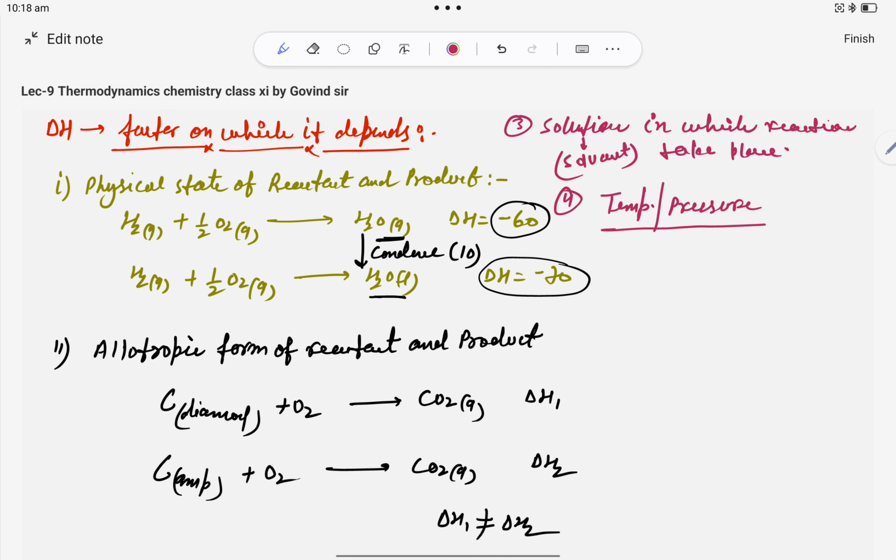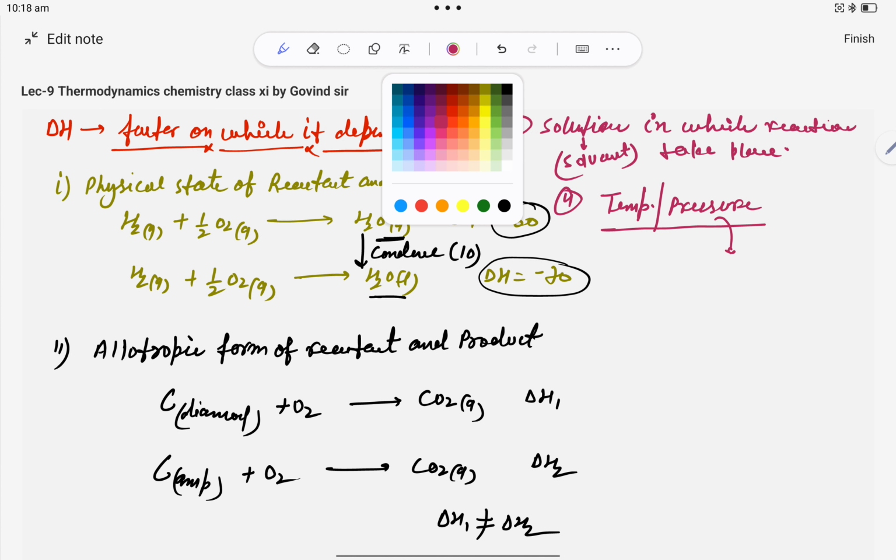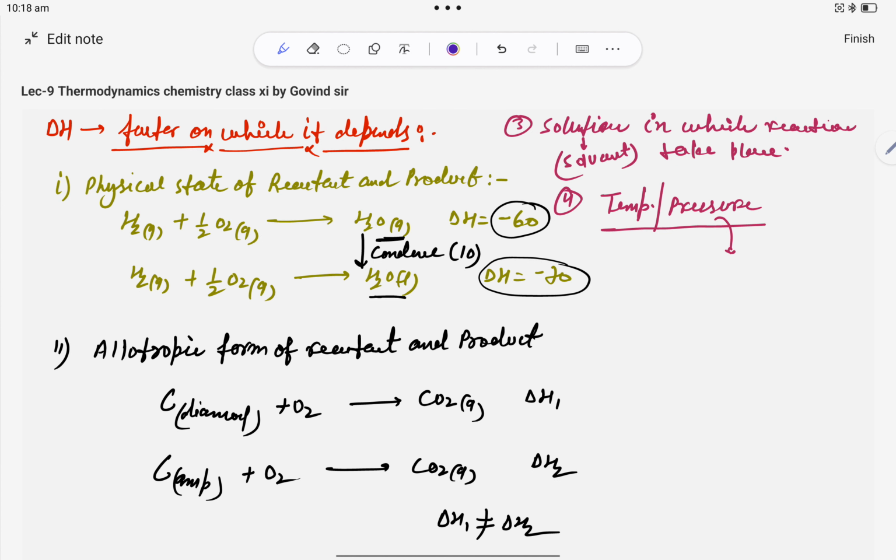Okay, so one standardized value is there. Standardized value means what? If temperature is 298 Kelvin, you can say room temperature, pressure is 1 atm, and concentration of aqueous solution is 1 molar. 1 mole, that means 1 mole per liter.